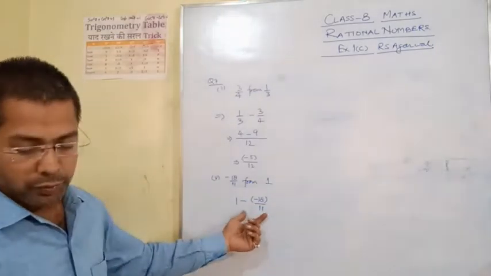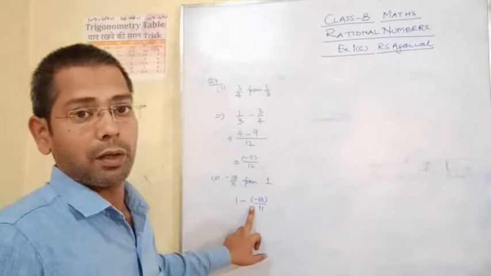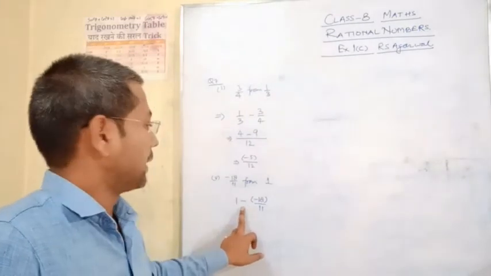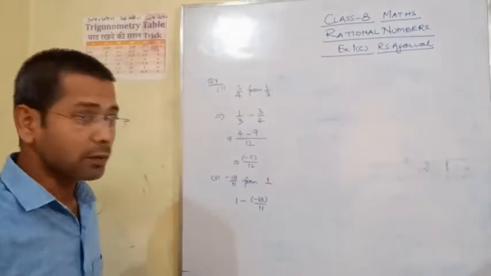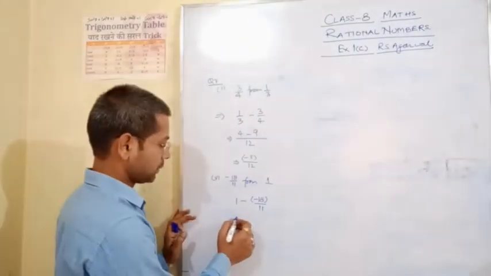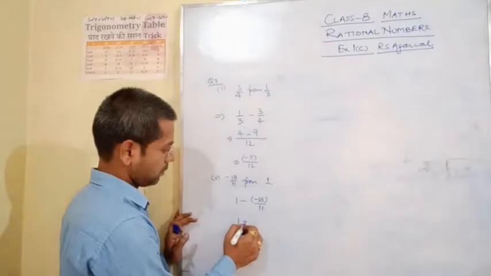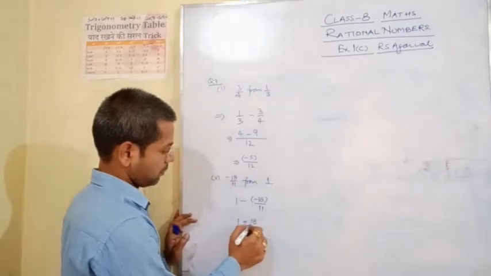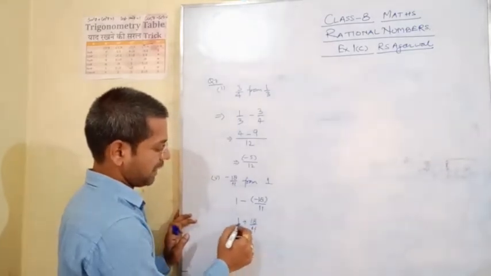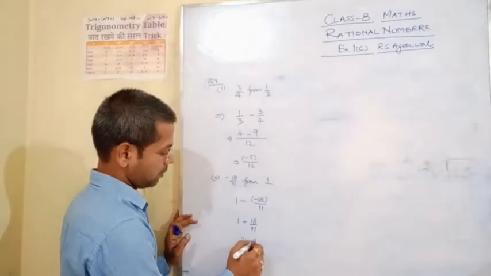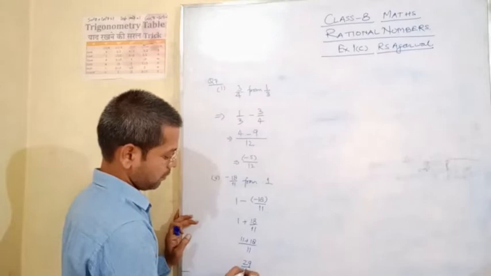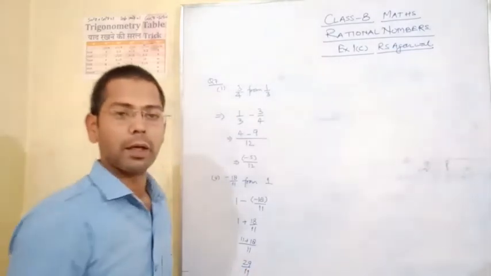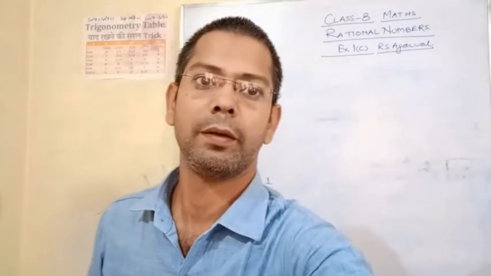This is the situation that comes when a negative number is subtracted from 1. So minus minus will become plus. It will be 11 upon 11 plus 18 upon 11, which is 29 upon 11.